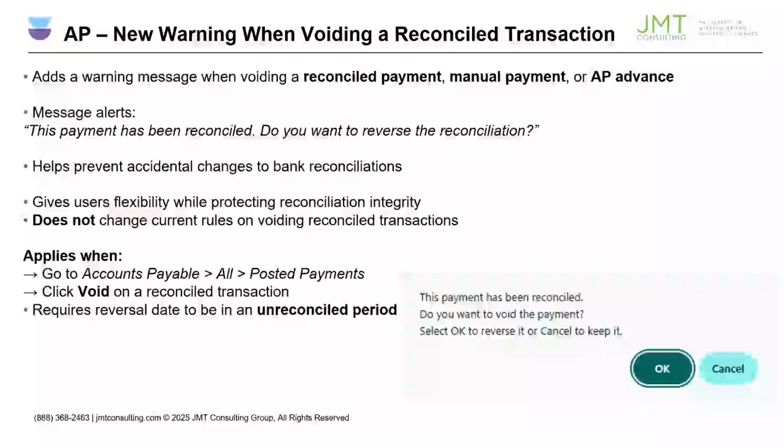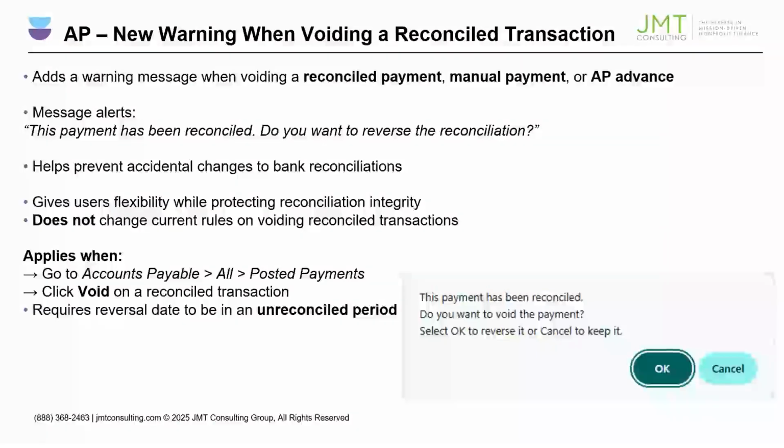Now, as of the release 2.5 weeks ago, you're going to get a warning message when you void a payment that has already been reconciled in a bank rec. And this not only applies to regular AP bill payments, it also applies to manual payments or accounts payable advances. I don't know of many of you that use accounts payable advances, but it's there.